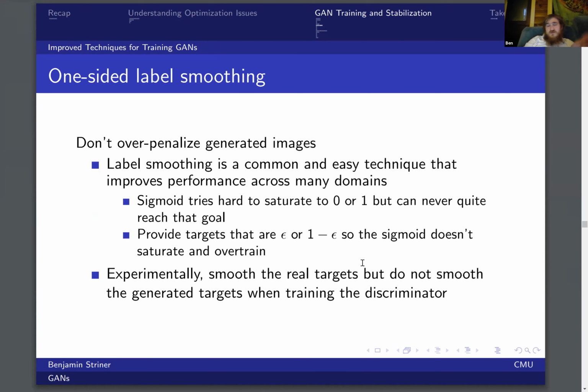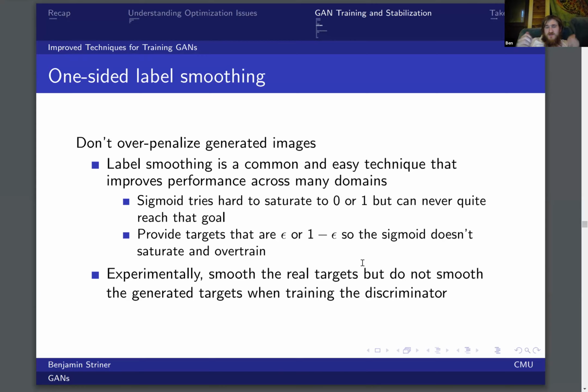So one-sided label smoothing is another idea which can try to smooth out the networks and make them work better. The problem that this addresses is the overtraining. Your discriminator is trying to label 1 for real and 0 for fake.